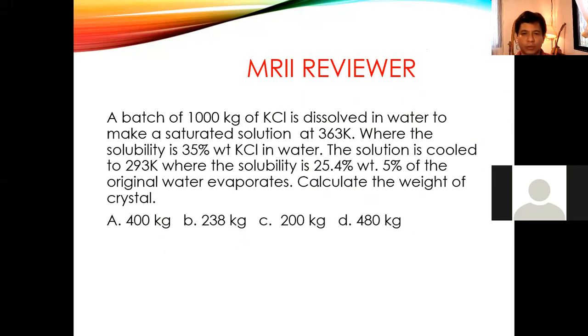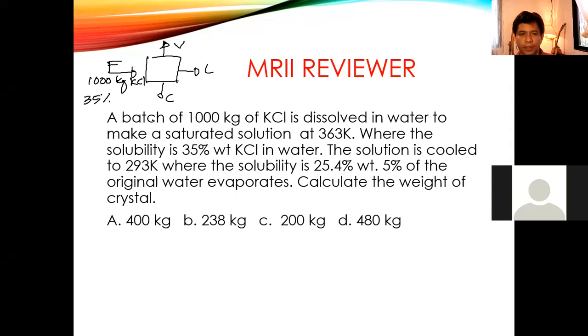So ito, meron tayong B, no? May F, tapos may B, kasi may 5% na nag-evaporate, tapos may L, tapos may C. So originally, we have 1,000 kilogram KCl, no? Tapos, ang initial solubility is 35%.